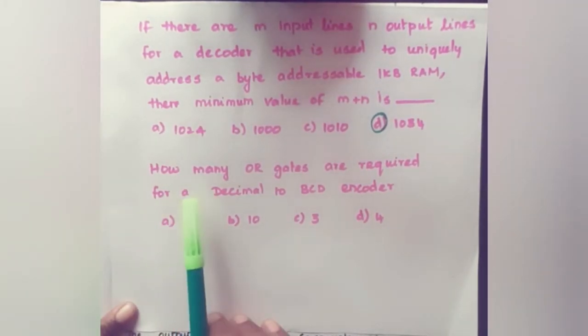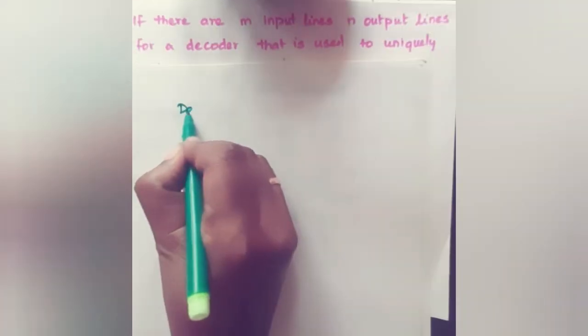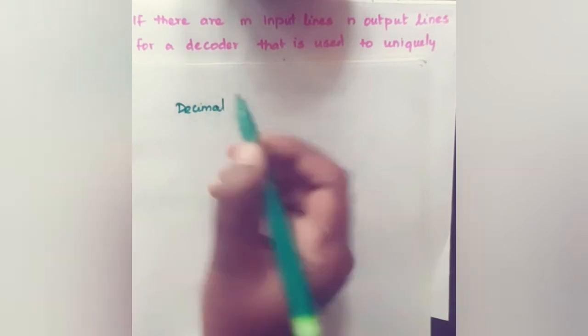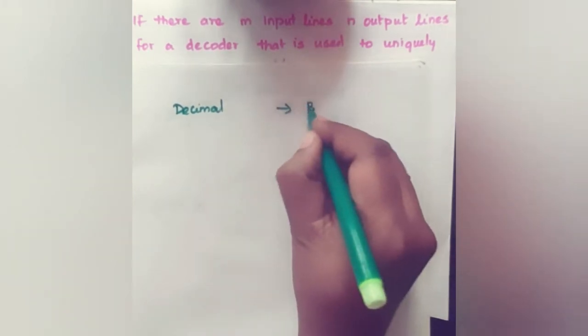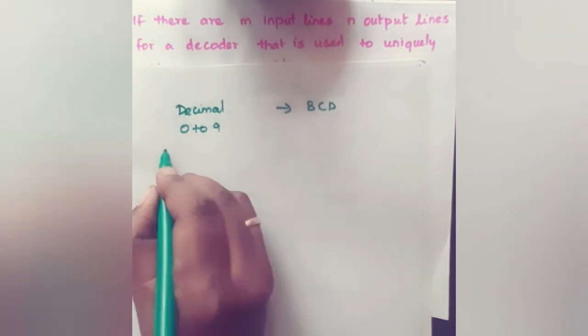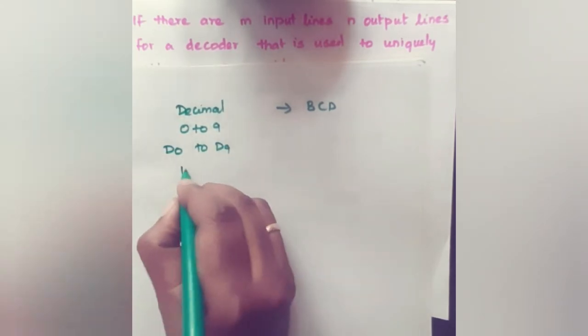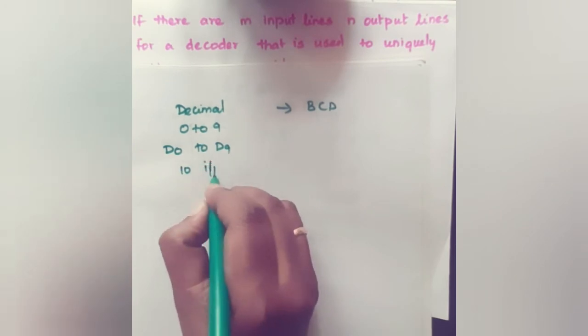The next question: how many OR gates are required for a decimal to BCD encoder? Input is decimal and output is BCD. Decimal is 0 to 9, D0 to D9, so totally we have 10 input lines.